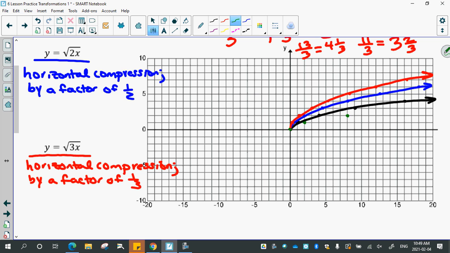Then my next over would be 5, but I'm going to double it, so I'm going to go over 10. Up 1. And then I've run out of room. So this is my horizontal stretch by factor 2.